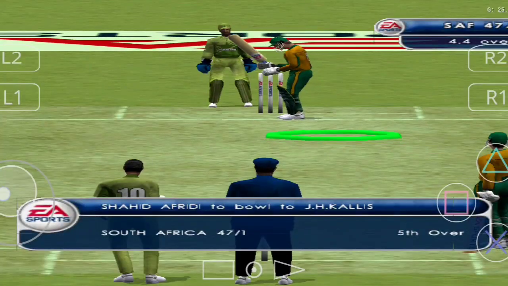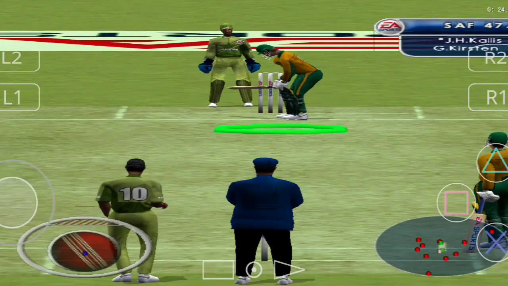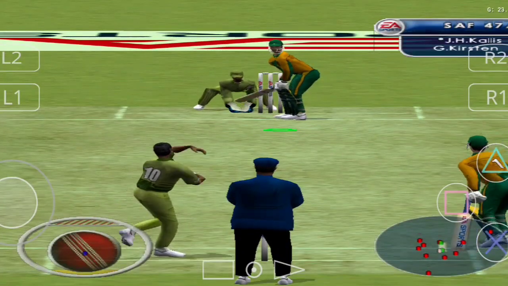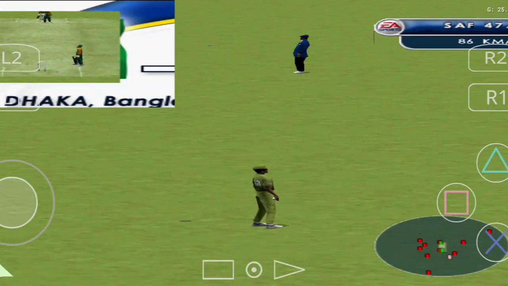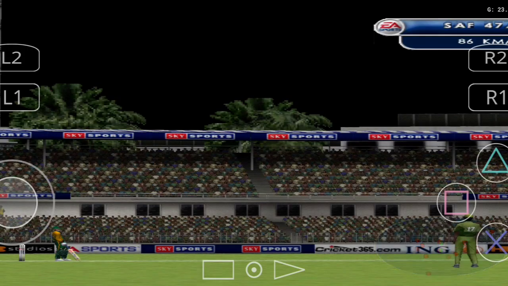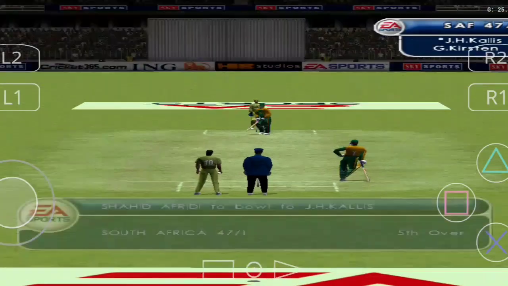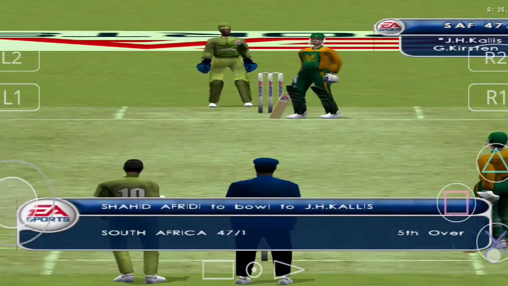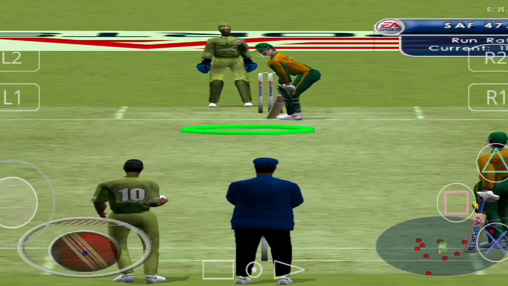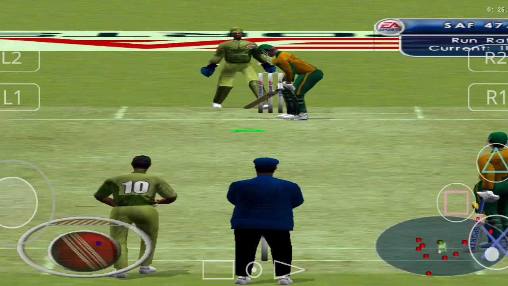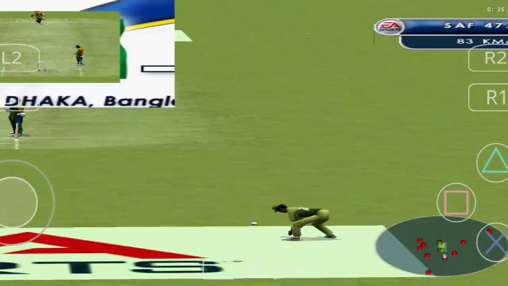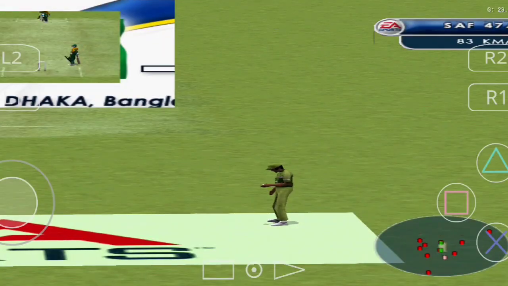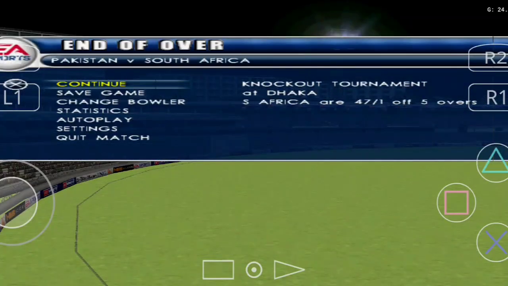Shahid Afridi to bowl to Cullis. It's straight at Waqar Yunus. That's the end of the 5th over.